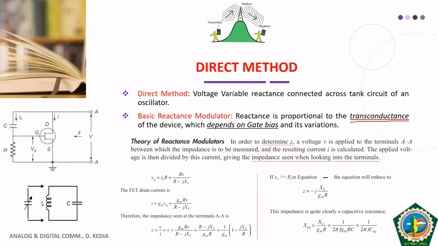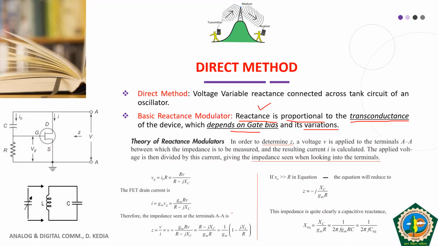The transconductance of this reactance modulator depends on your gate bias, and the reactance of this reactance modulator is proportional to this transconductance. So in a way your reactance becomes proportional to your gate bias and the variation in the gate bias.